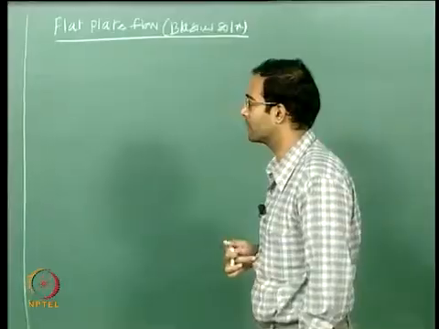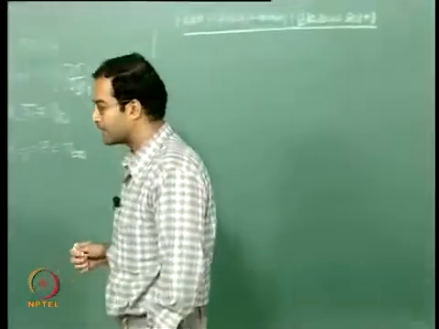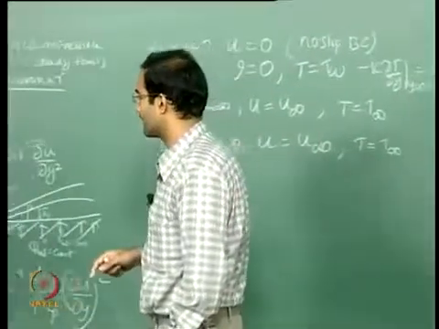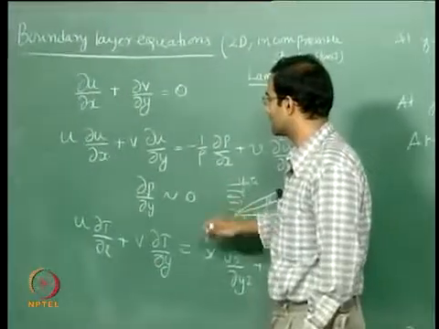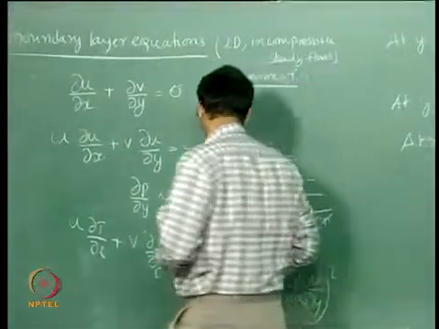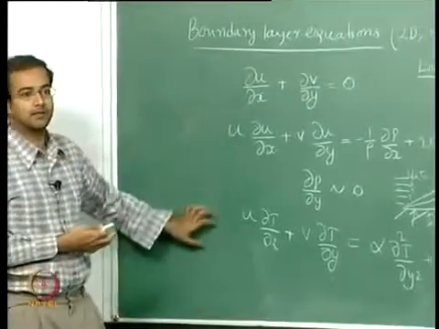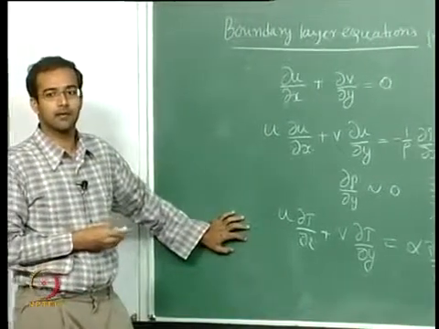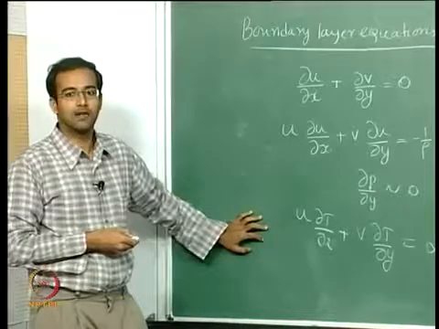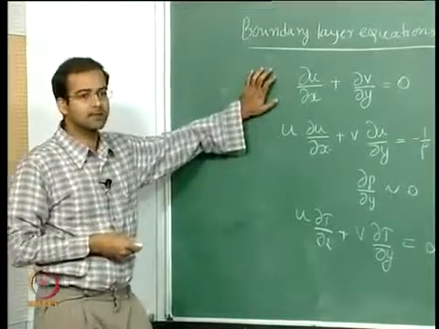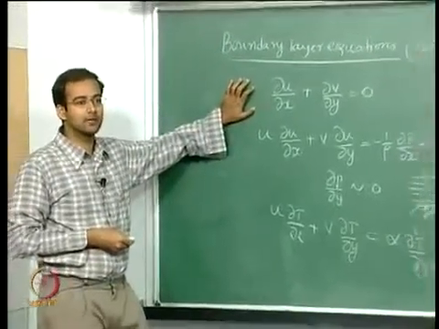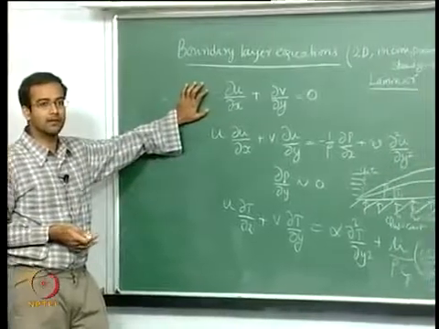So for the flat plate case, what are the approximations we can make? Still you should understand that this is a considerably complicated set of equations, even if you write it for a boundary layer, and of course we can transform this into a form which we can solve, and we are going to do that.